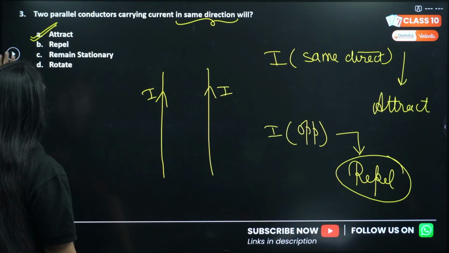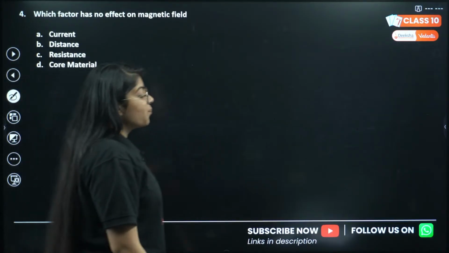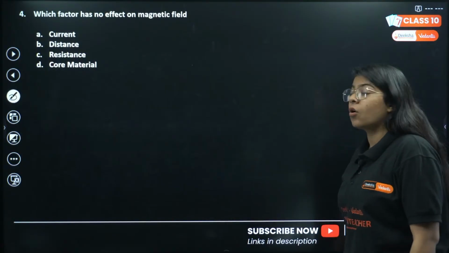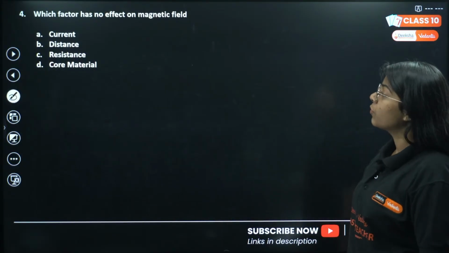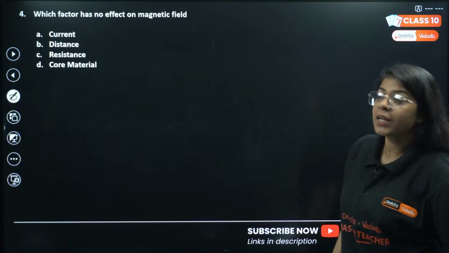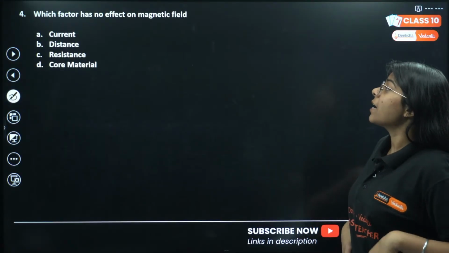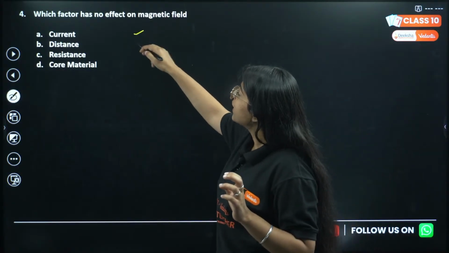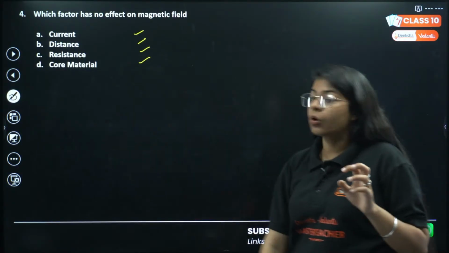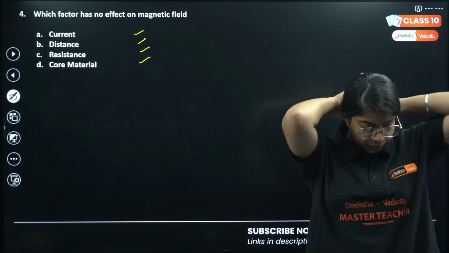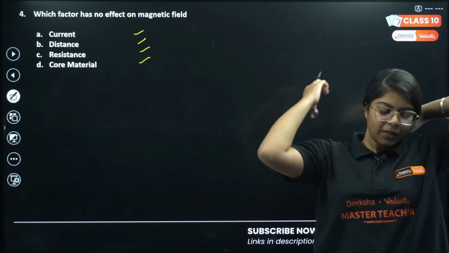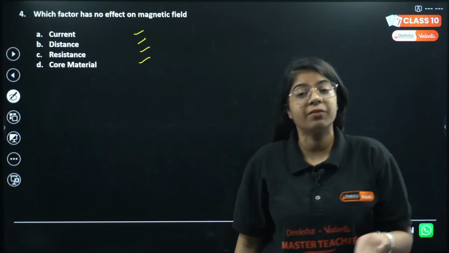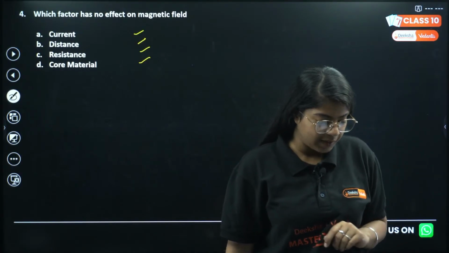Okay. Fourth question says, which of these factors has no effect on the magnetic field? Read the question very carefully. Current, distance, resistance, or the core material? Let me know in the chat what you think will not affect the magnetic field.